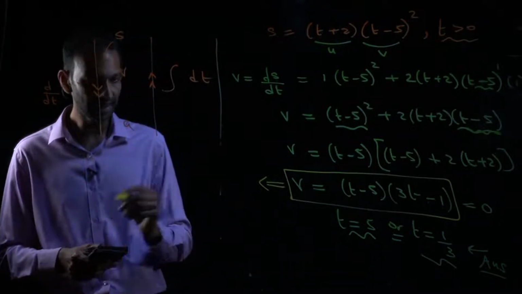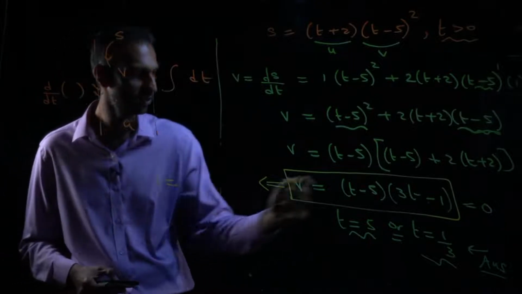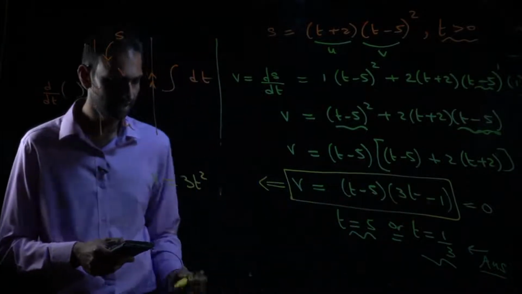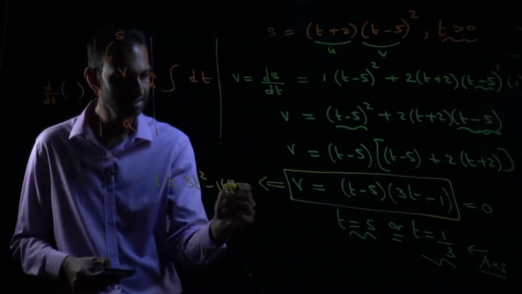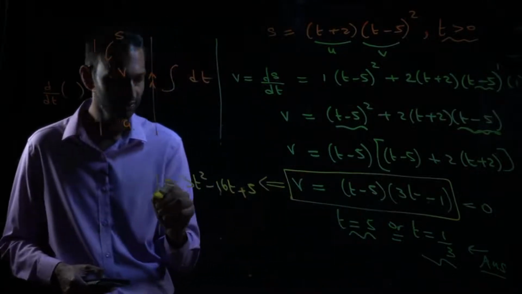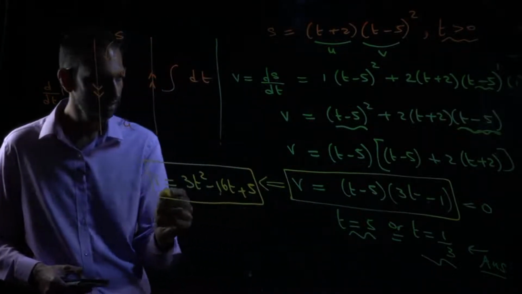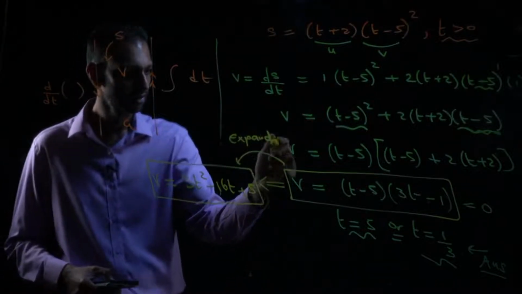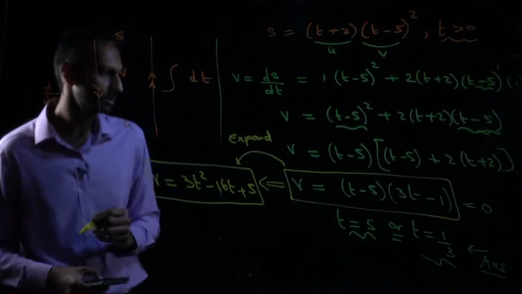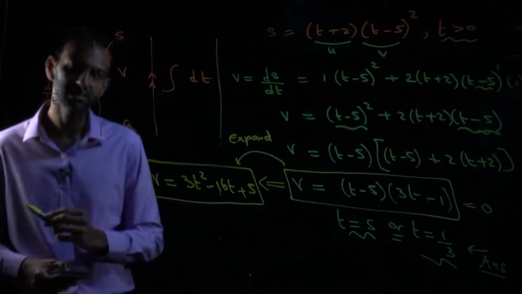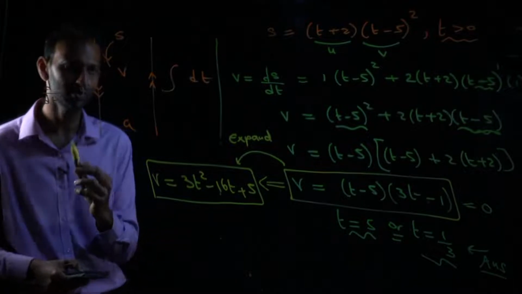So if we expand that, we will have v is equal to 3t squared minus t minus 15t gives me minus 16t. Minus 5 times minus 1 is plus 5. So if we expand it, the velocity t minus 5 into 3t minus 1 can also be equal to 3t squared minus 16t plus 5. So this is also possible.